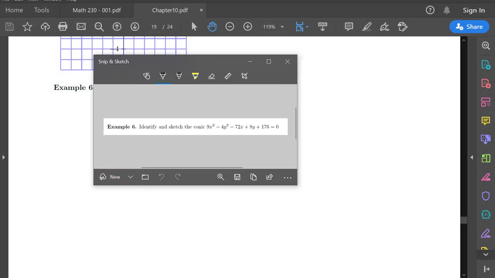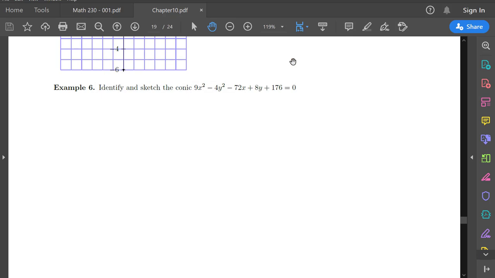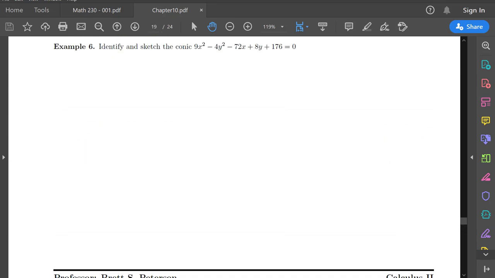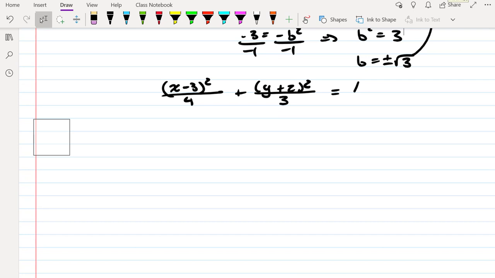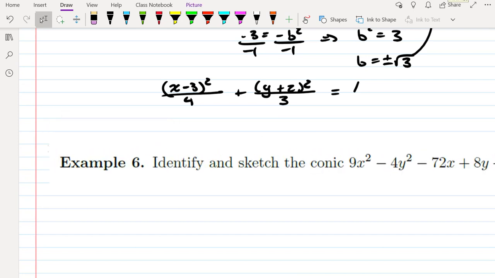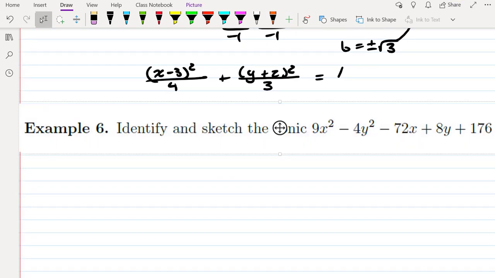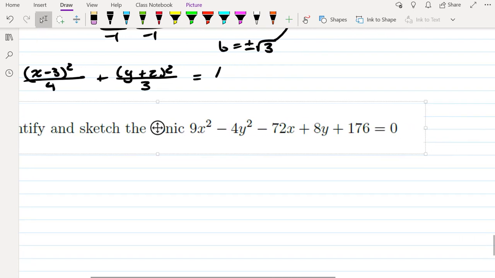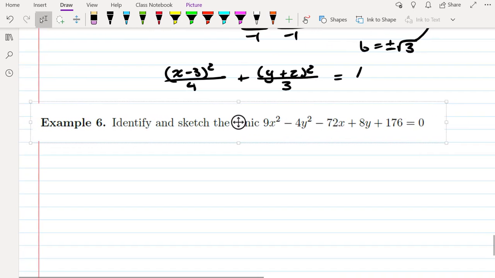Alright, so let's go ahead and look at our last example for this section. So we want to identify and sketch the conic given by 9x squared minus 4y squared minus 72x plus 8y plus 176 is equal to 0.